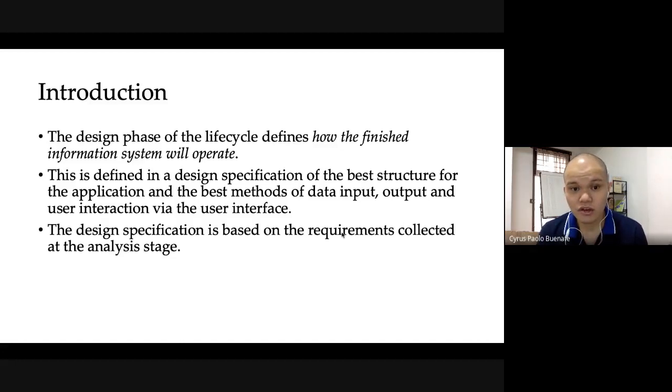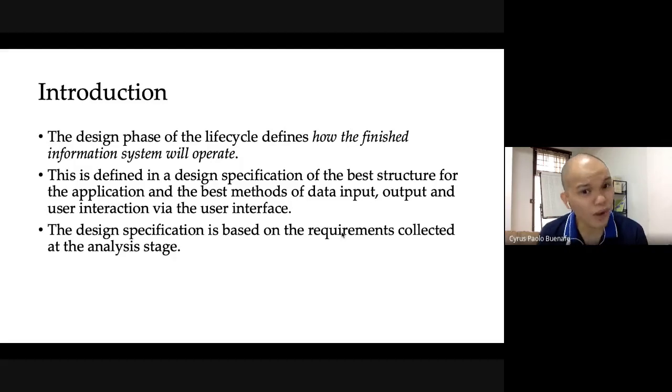Okay, so if you look at systems analysis, which was our previous topic, systems analysis would have tried to answer the question what. What is required, what is expected from the system.